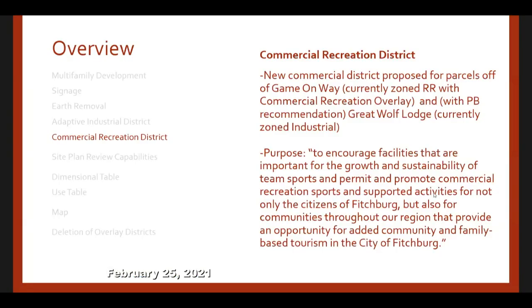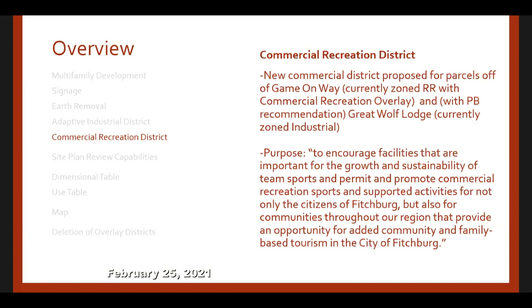Okay. Next up, we'll be looking at the Commercial Recreation District. This is a new district proposed for parcel off of Game On Way, which is currently zoned rural residential with a commercial recreation overlay. And Great Wolf Lodge, this was based off of planning board recommendation, which is currently zoned industrial, which makes no sense.